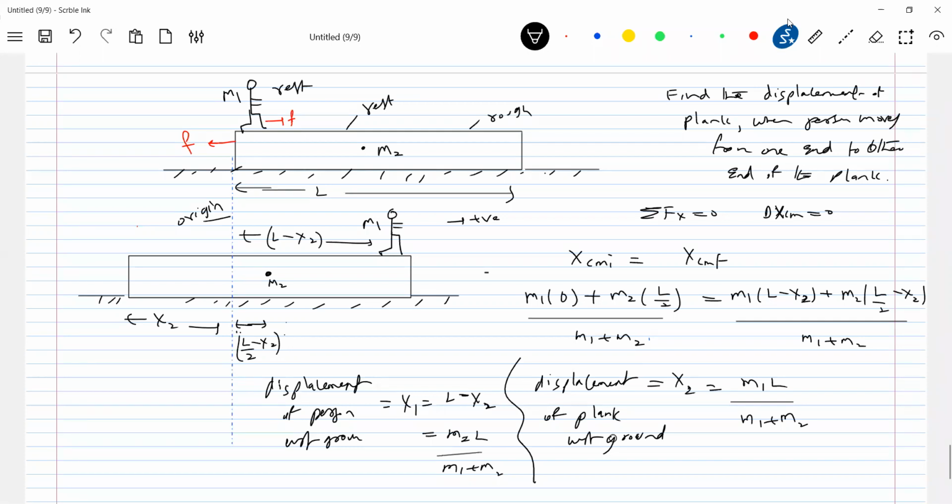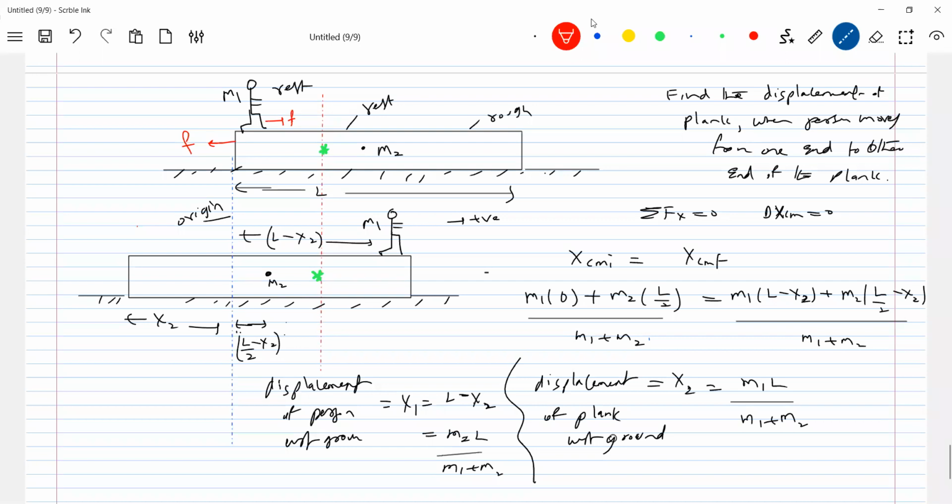And the center of mass of system will not shift. Where it is, it will be there only. So here plank is, so it will be there only. Look at that, this center of mass of system, I'm putting a vertical line.